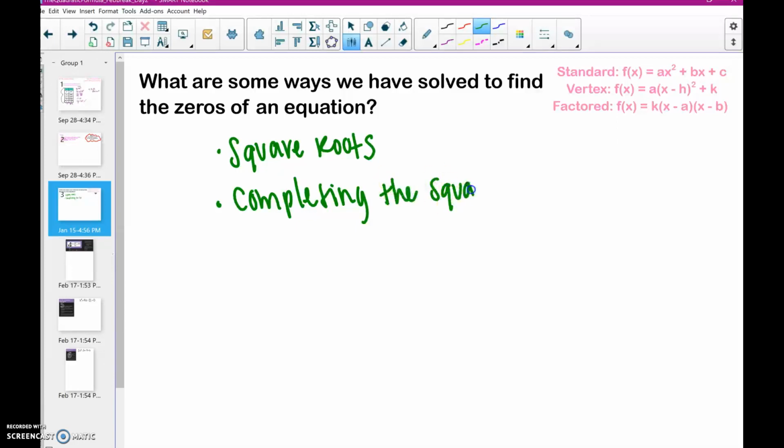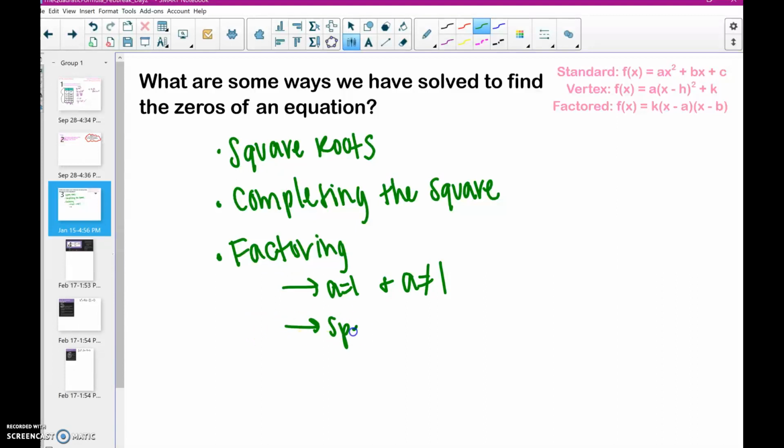We've also used factoring, when a is equal to 1 and when a is not equal to 1. And we've also used factoring for those special cases like our perfect square trinomials and the difference of squares questions.